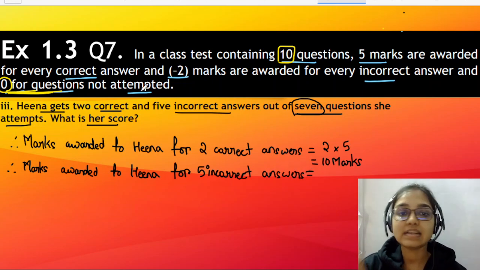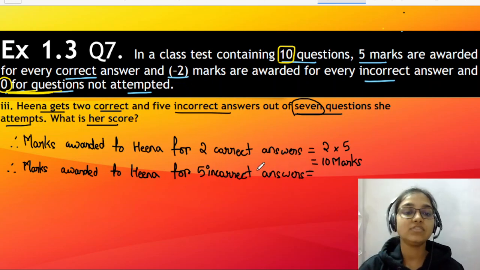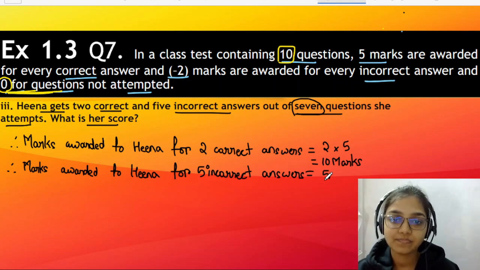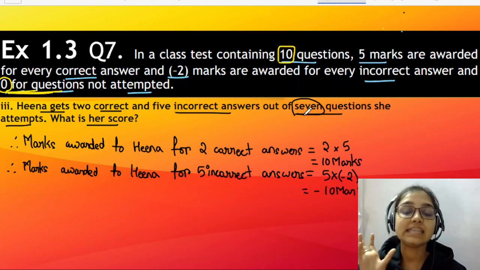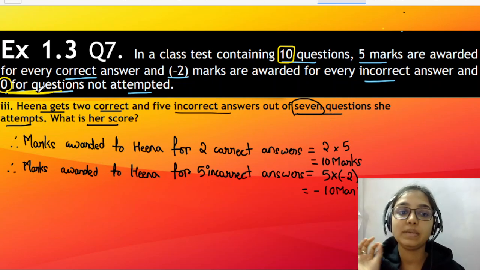For 1 incorrect answer, -2. So for 5 incorrect answers, she is going to get 5 into -2 marks, that is -10 marks. Okay, and she has attempted 7 questions. So the number of questions she hasn't attempted would be 10 minus 7, and the marks she is going to get would be 3 into 0.